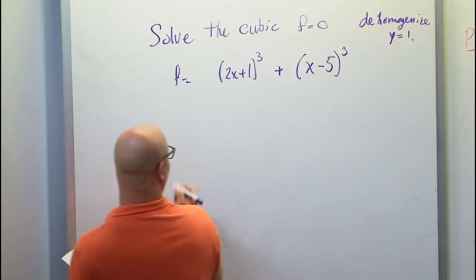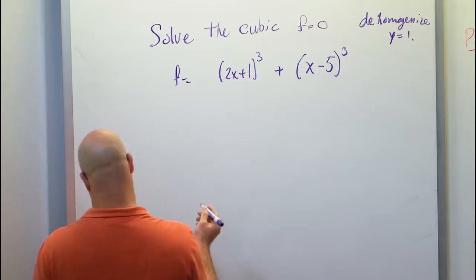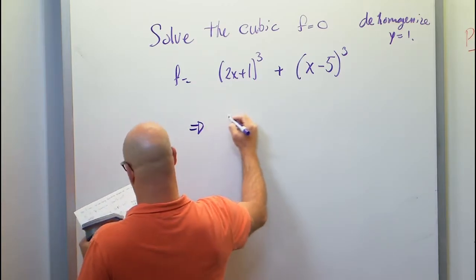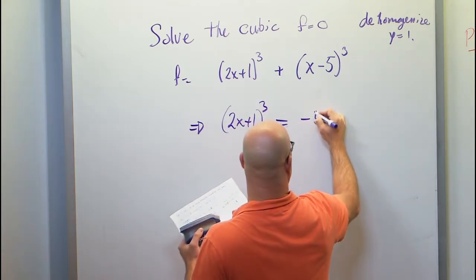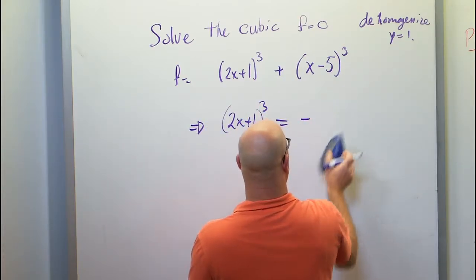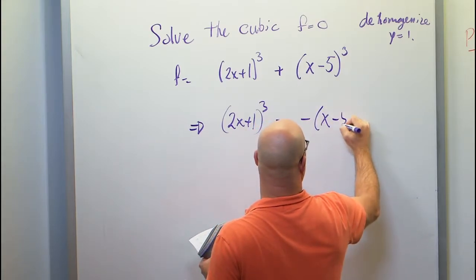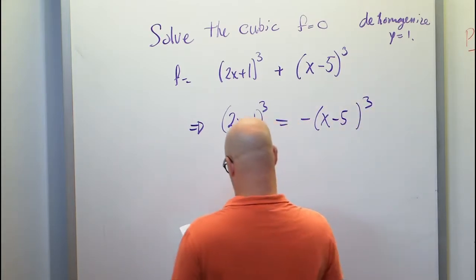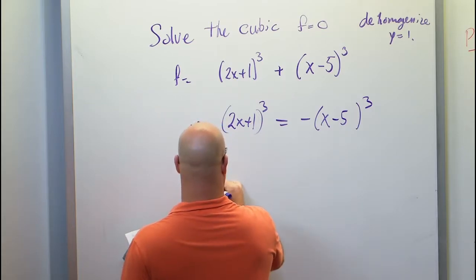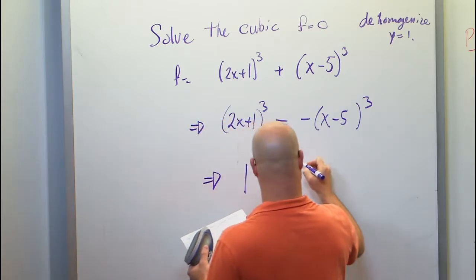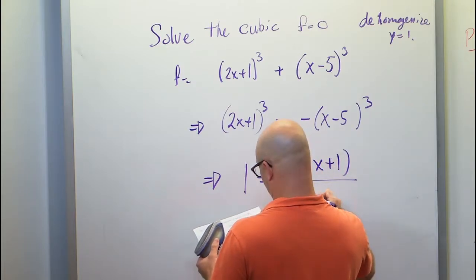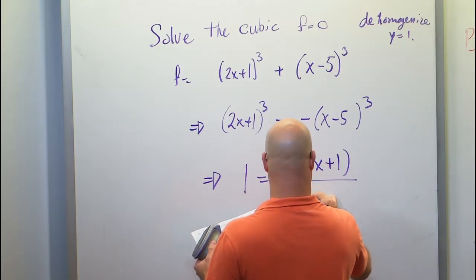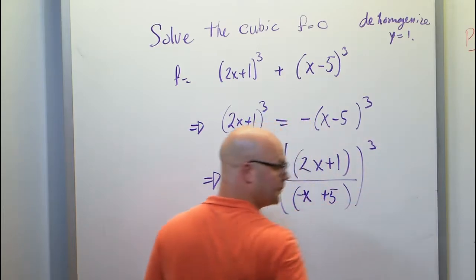Set y equals 1. Okay, so if I have this, it's the sum of two cubes, then this means that (2x plus 1) cubed is equal to minus (x minus 5) cubed, but then this means that 1 is equal to ((2x plus 1) over (minus x plus 5)) cubed.